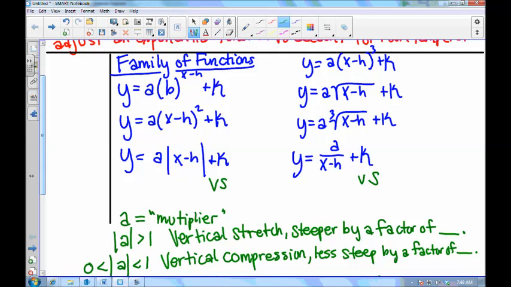Okay, what does the H do to the graph? Horizontal shift. So let's put HS, horizontal shift. What if it says x minus 4? Does that mean go to the left 4? No, what does it mean?